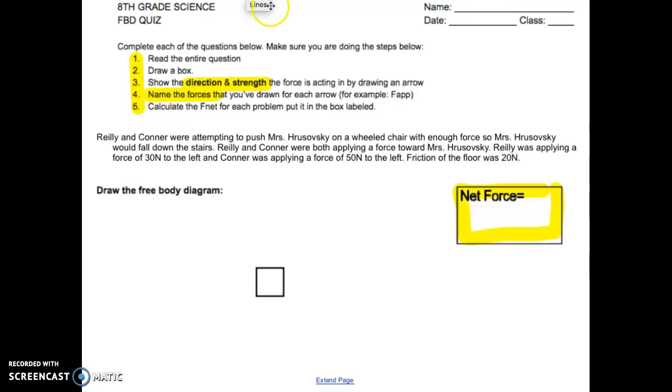Riley and Connor were both applying a force towards Mrs. Hershowski. Riley was applying a force of 30 newtons to the left, so I'm going to get an arrow here. And I'm going to show 30 to the left. I should probably label that.